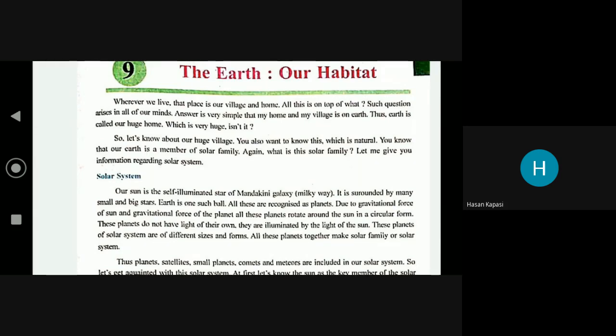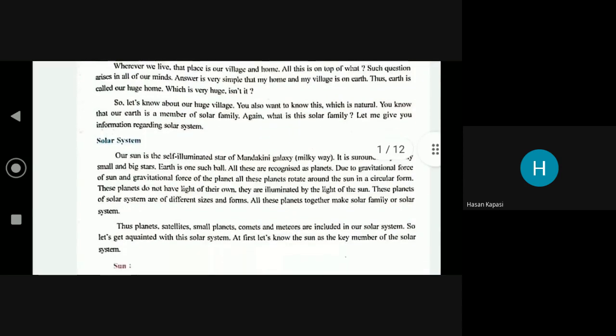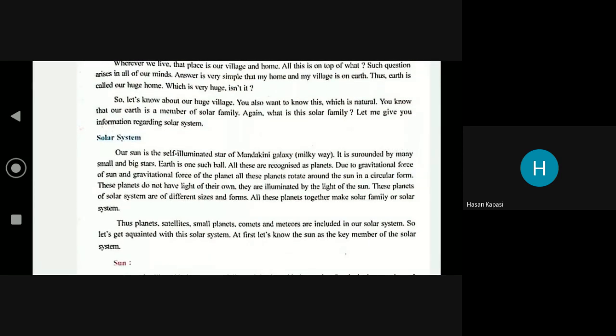Natural, isn't it? Yes, ma'am. Natural. Do you know that our Earth is a member of the solar family? Again, what is the solar family? Let me give you some information regarding our solar system. You know, beta, in our solar system, there are planets, satellites, comets, meteors, everything, right?